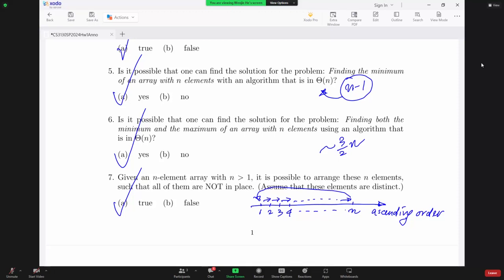But here, we use this kind of rotation. One position shifting to the left or right, all out of place. Just construct some simple examples.